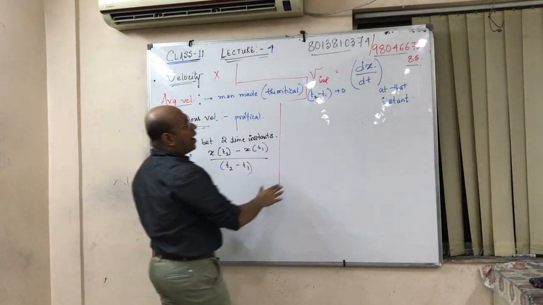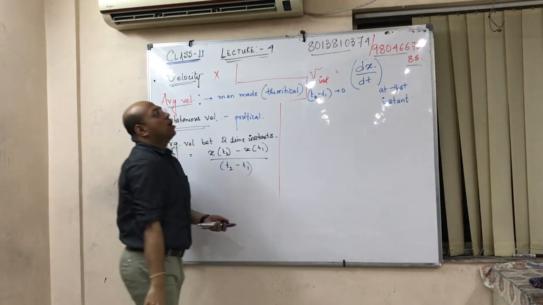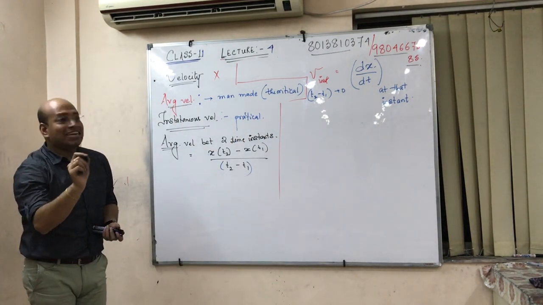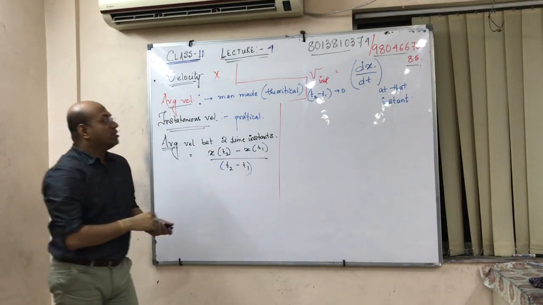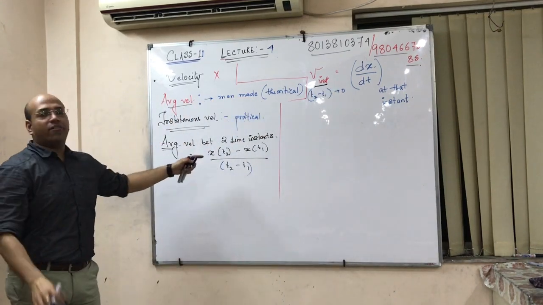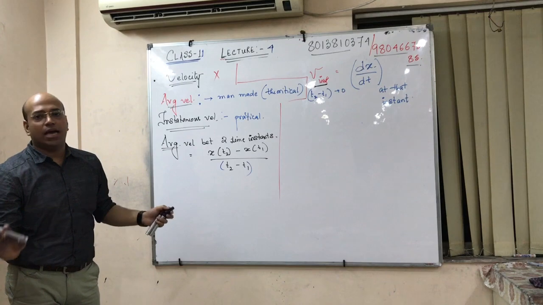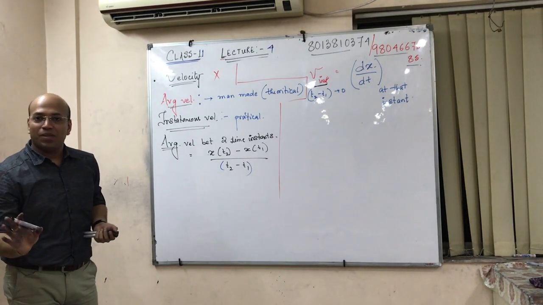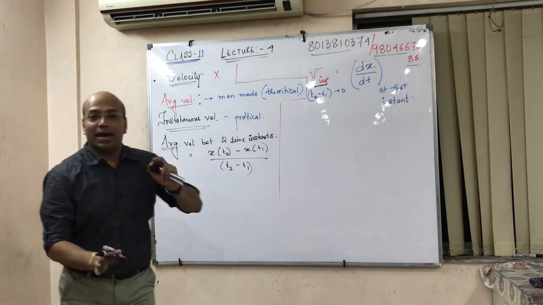We need to find the instantaneous velocity at that instant. That is V instantaneous. And V average is a theoretical concept, nothing more than that.